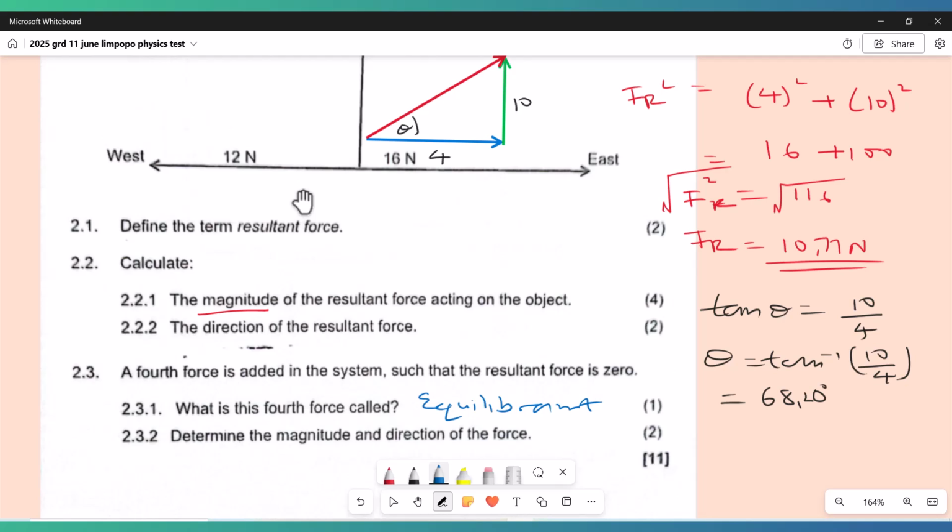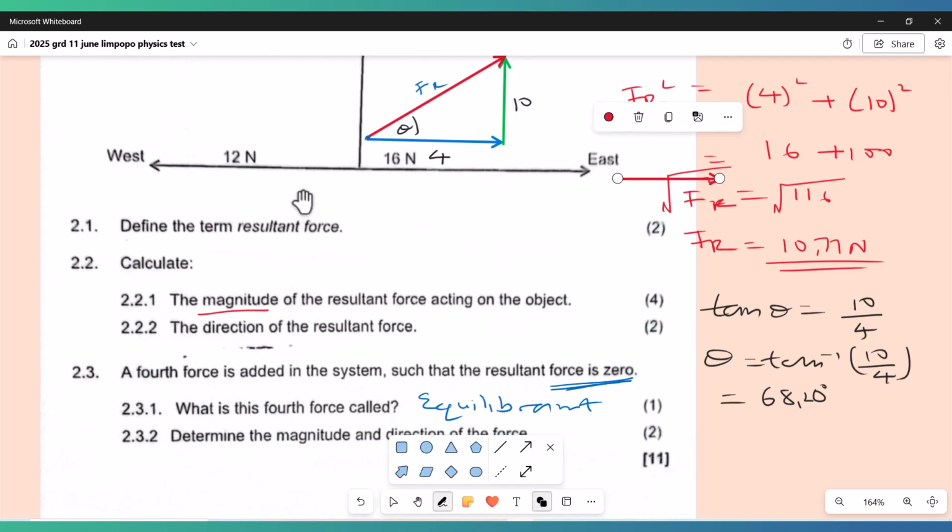Now they say determine the magnitude and direction of the force. Because this was our net force pointing there, which was our resultant, to get 0 the one we call the equivalent must be in the opposite direction, like this, in green.